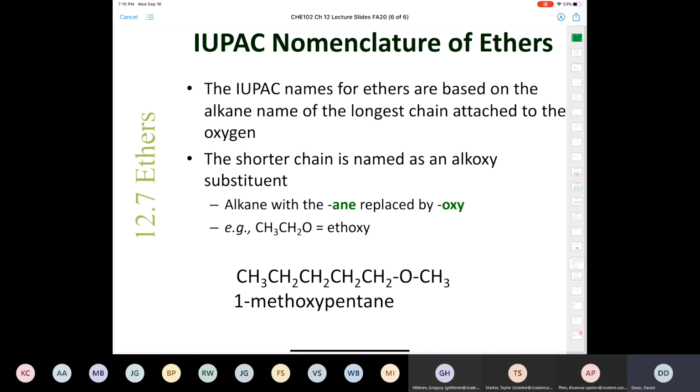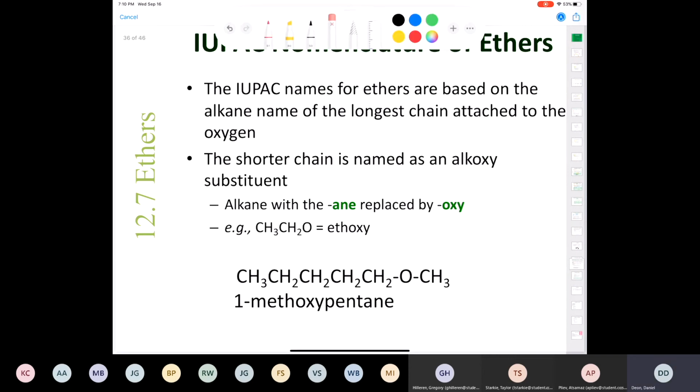And then the shorter chain is called an alkoxy. You're like, what do you mean by an alkoxy? Well, if you have ethane and you put an oxygen on the end, you get an ethoxy. If you have a methyl and you put an oxygen on the end, you have a methoxy. If you had an isopropyl group and you put an oxygen on it, that's called an isopropoxy.